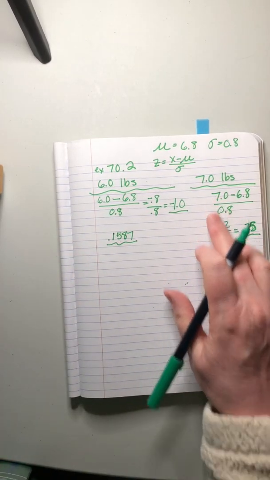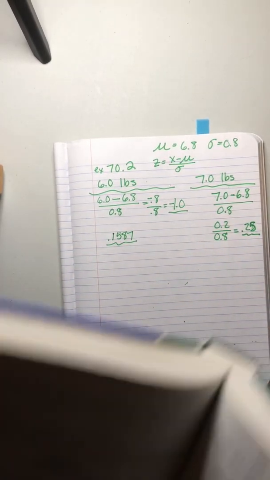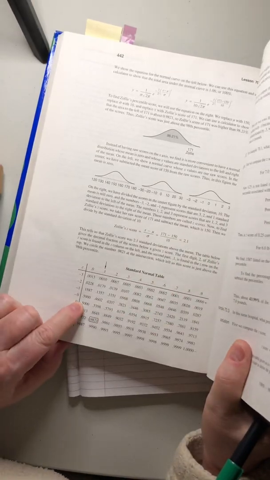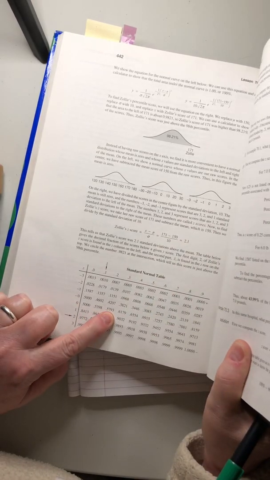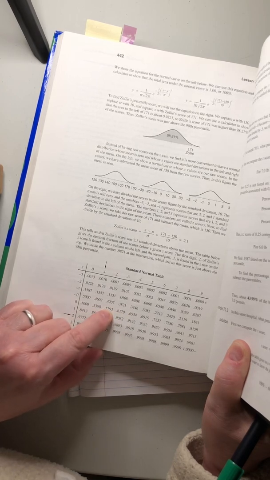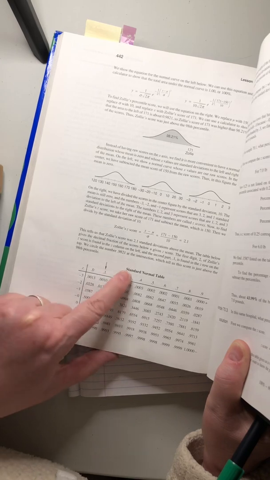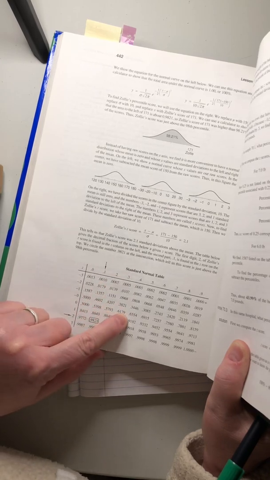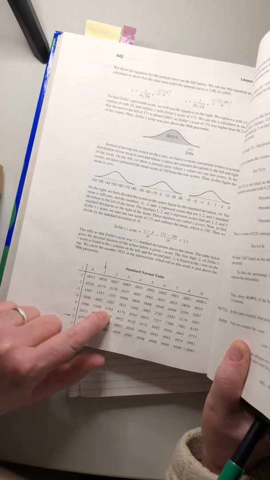Our 7-pound babies have a z-score of 0.25. So there's the 0 and there's the 2. But where do we get 0.25? Well, we don't have that option. So we're going to average those two scores, the 0.2 and the 0.3, and figure that 0.25 would be halfway in between.